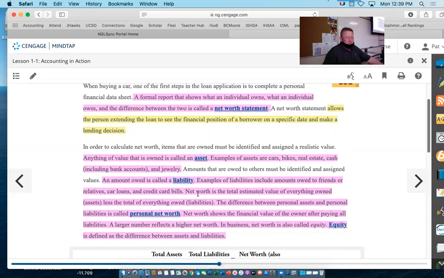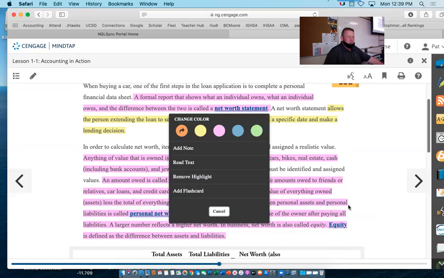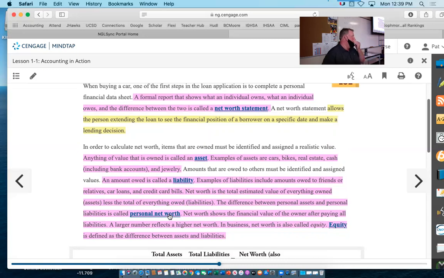Okay. What this net worth statement basically is saying is all the money that you make, assets, all the things you have, minus all the things you owe, the difference between personal assets and liabilities, that's your personal net worth. The larger the number, the higher the net worth, obviously.